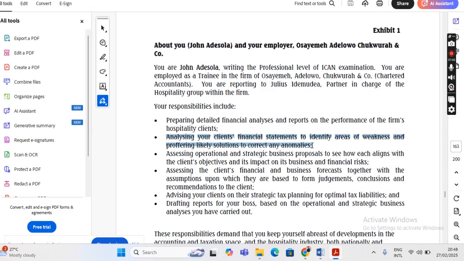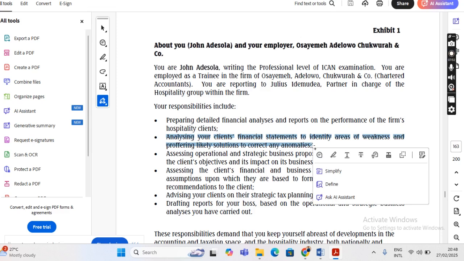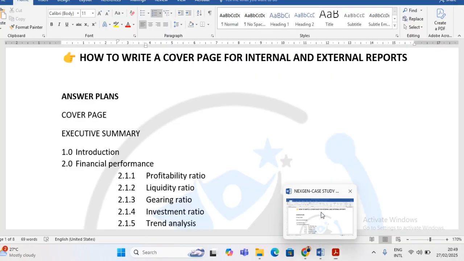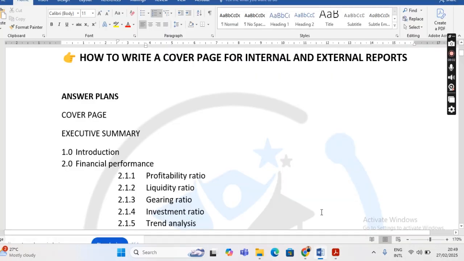Analyzing your client's financial statement to identify areas of weakness and preparing likely solutions to correct any anomalies, which means that when you do your financial performance, you have to identify areas of weaknesses as well as strengths and opportunities, right? Now, when you want to do a financial performance or financial analysis, you need to consider the ratios for you to be able to identify the weakness as well as the strength.